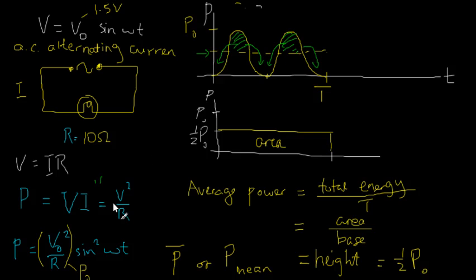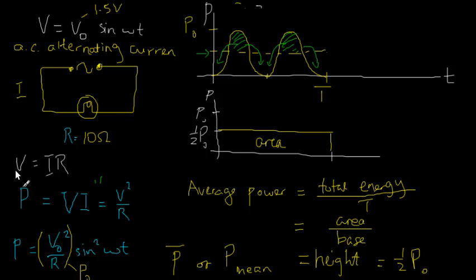Now if you look at this formula, one way to think about it is to think about what is the value of V that can give me the average power. I know that V itself keeps changing, and therefore P changes with time.